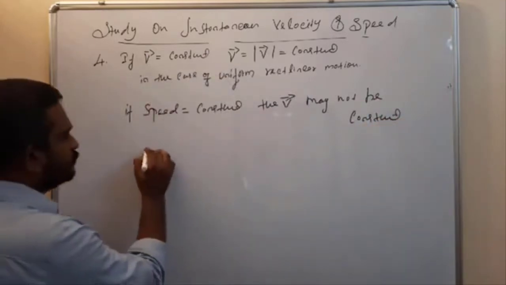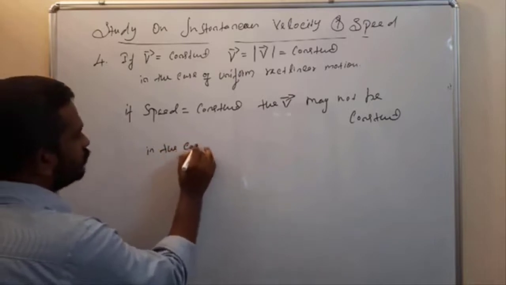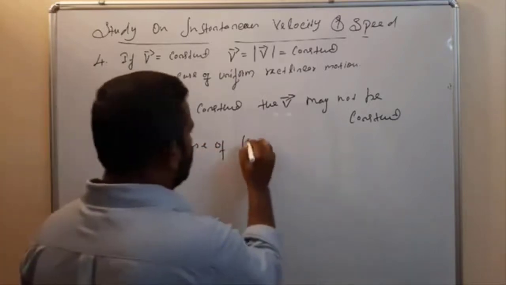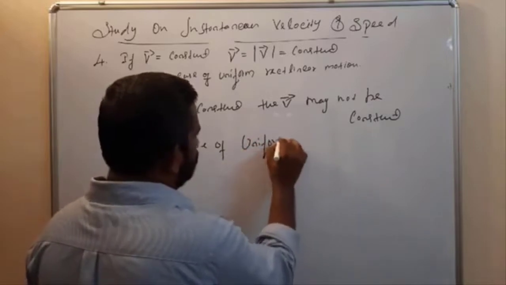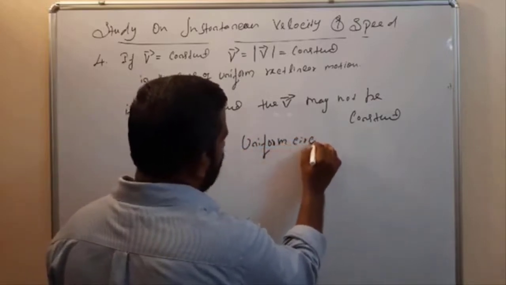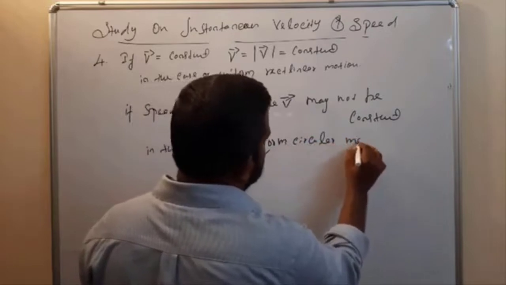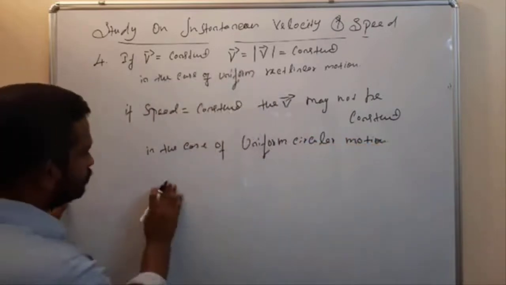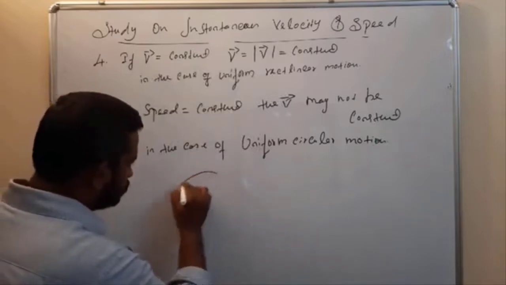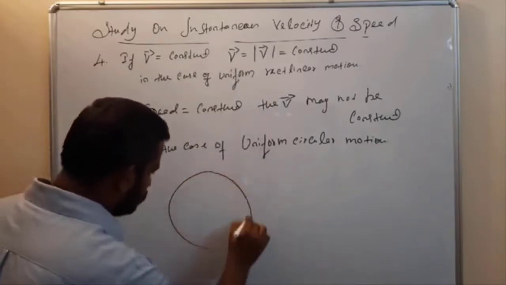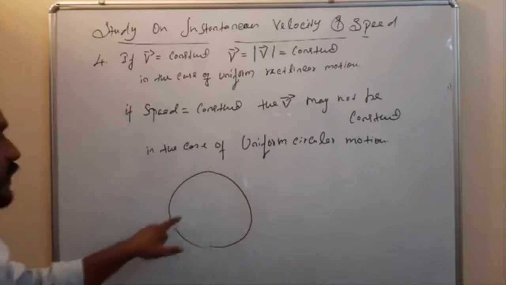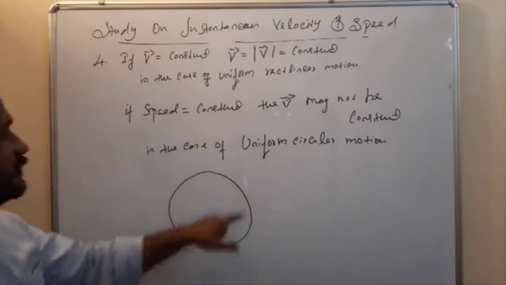So in the case of uniform circular motion, an object is rotating, making a circular motion, and the speed is constant.